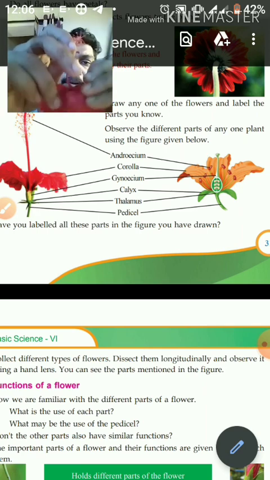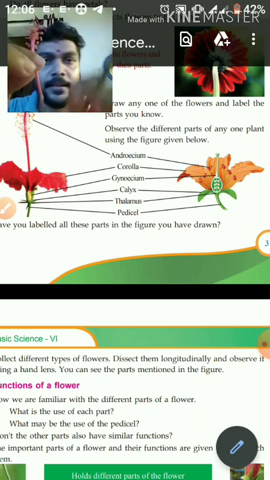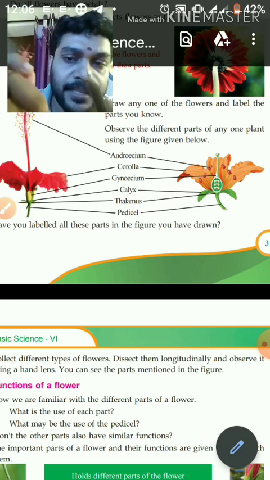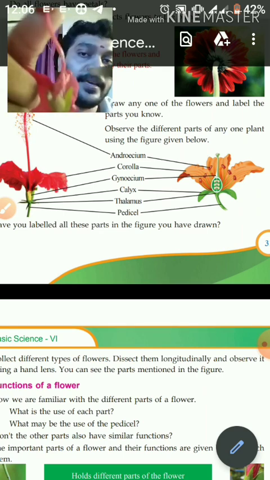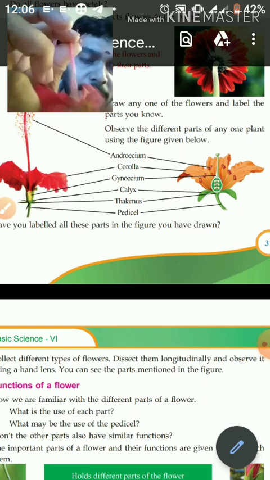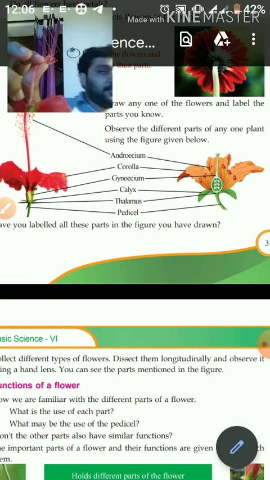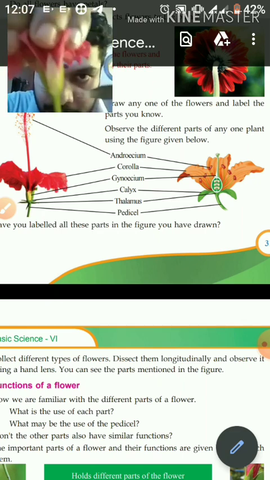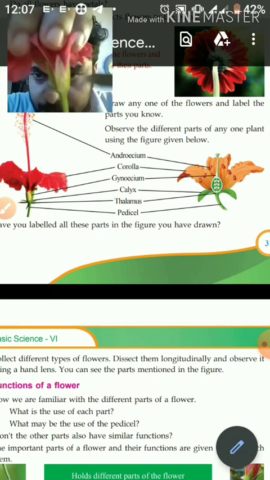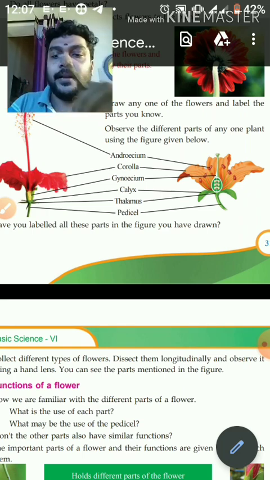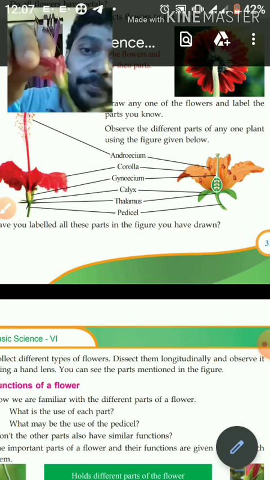Androecium is the male reproductive part. Now discuss the last part. This part is called gynoecium. I will show you another flower, another picture, a diagram.